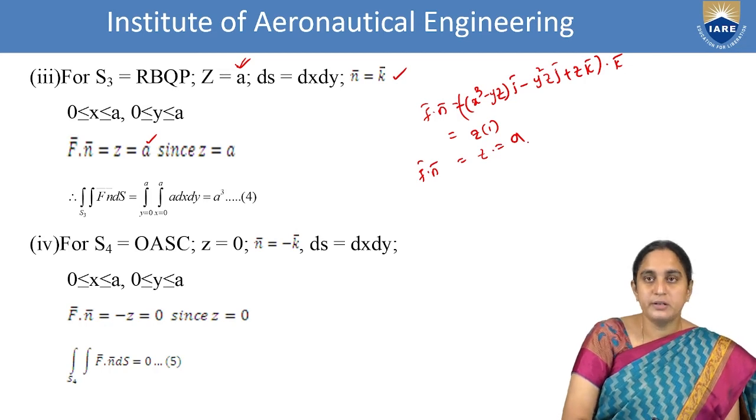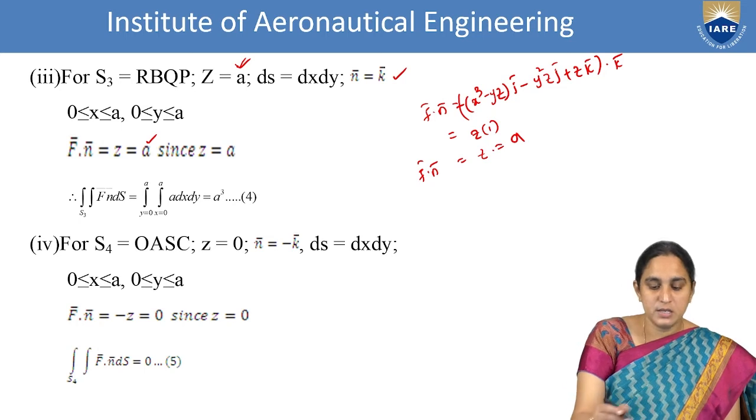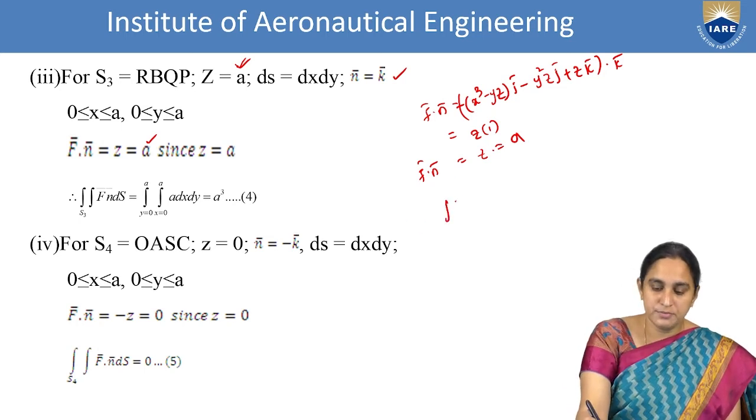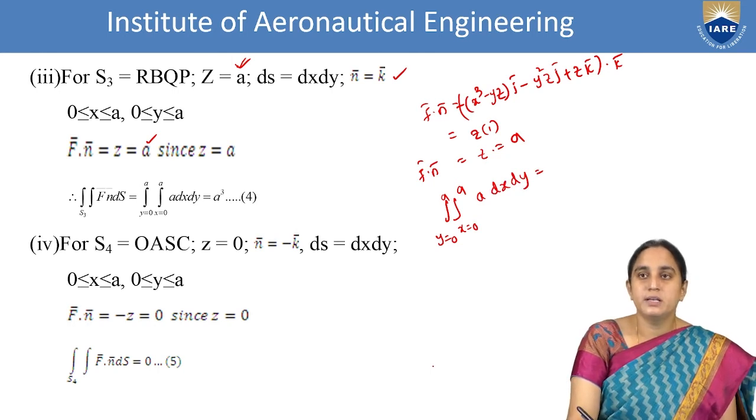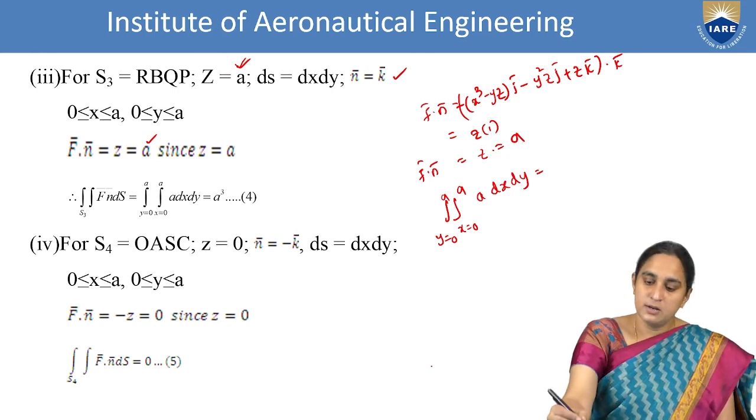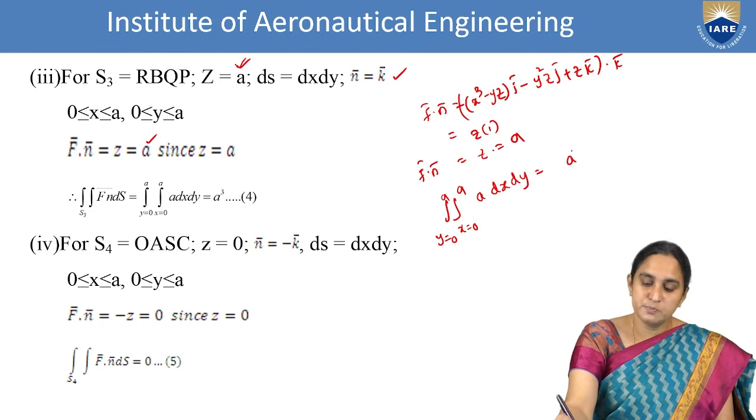Now integrate with respect to x and y. That is the double integral with y from 0 to a and x from 0 to a of a dx dy. First integrate with respect to y. That is a into y, limits 0 to a, and the integral of x from 0 to a dx.